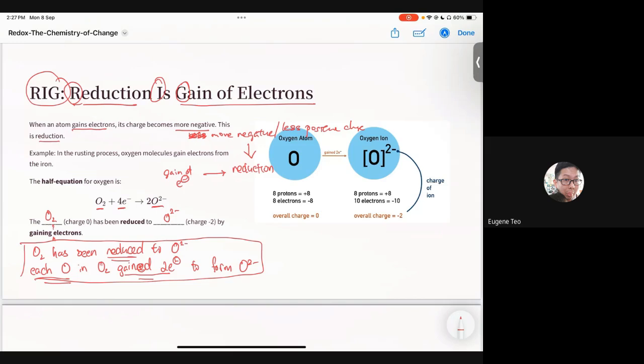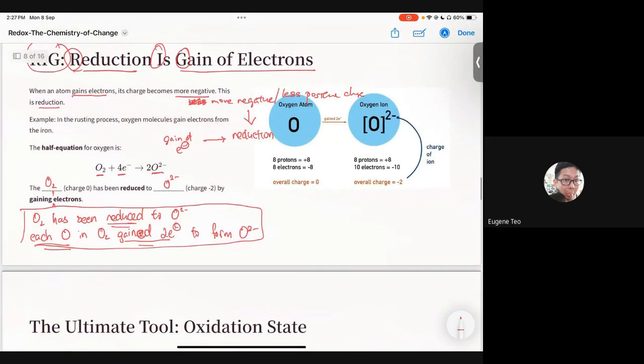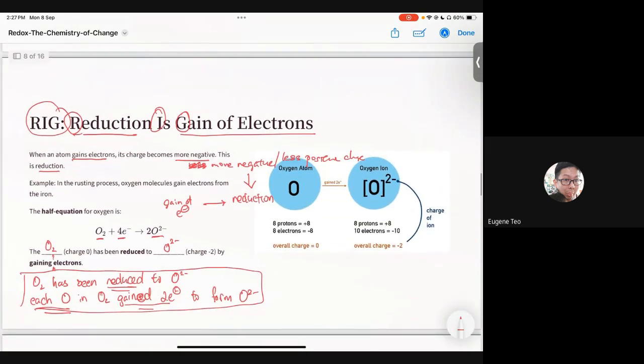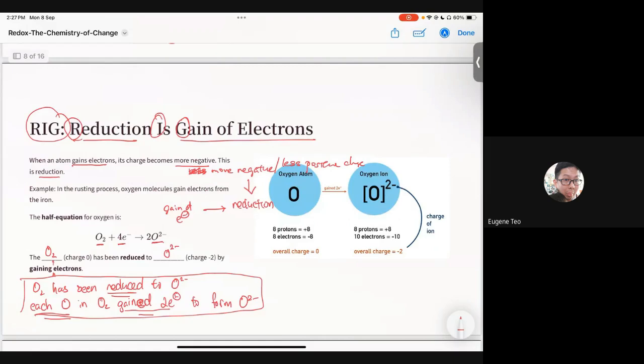So this is the third one here, which is RIG. Let's once again recap in terms of reduction and oxidation. The first definition we've gone through is in terms of oxygen. To be reduced, something must have lost oxygen. As I'm going through this part, try to recall how to define redox in terms of oxygen.